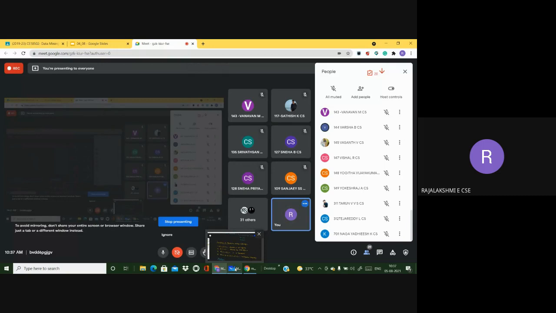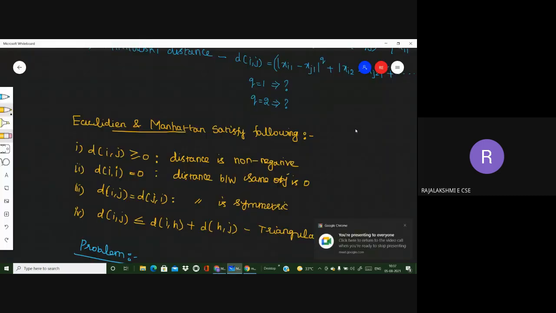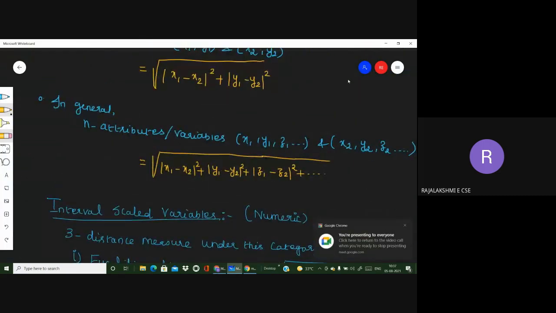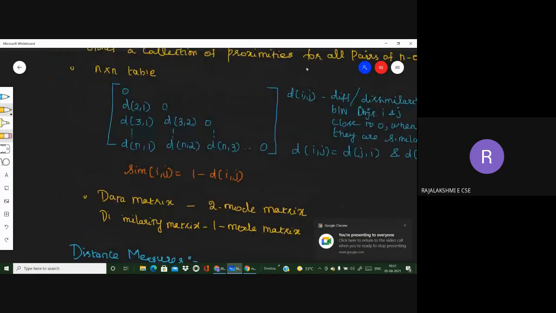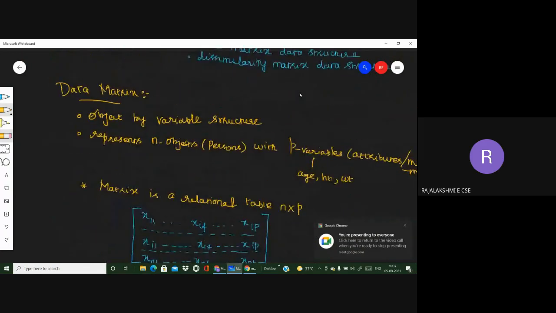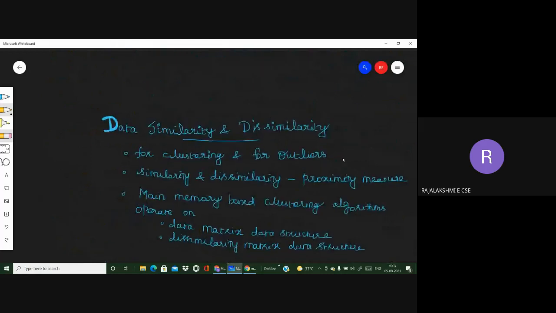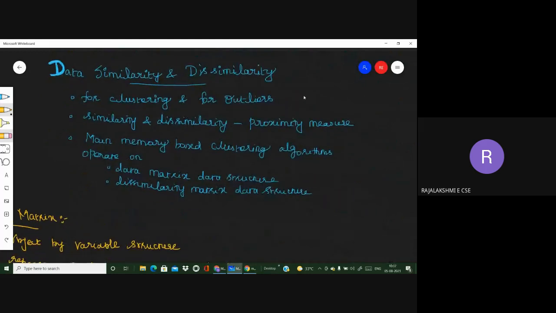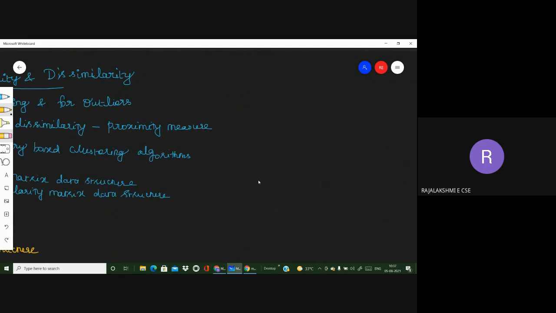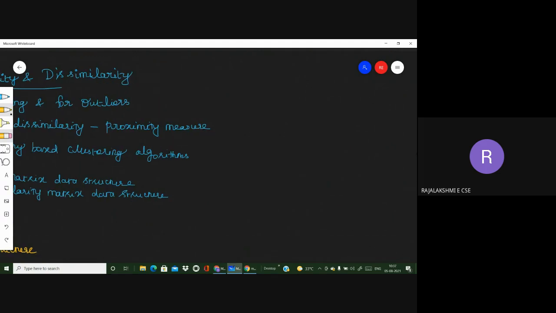Okay, fine. In today's class, we are going to talk about data similarity and data dissimilarity. Normally, data similarity or dissimilarity is used when we are grouping the data into clusters.